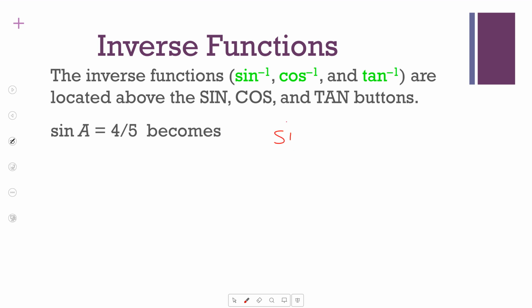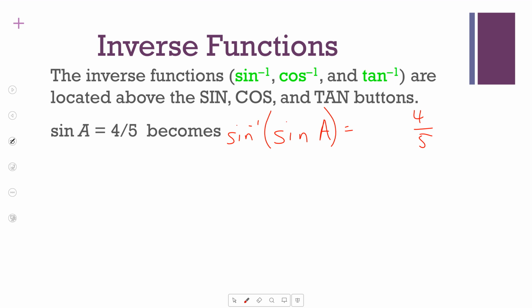Now, starting out, I would probably rewrite it this way and leave some space in there. You'll see why in a second. My goal is to get A by itself. I need to get rid of the sine function. You get rid of the sine function by taking the inverse sine function because they will undo each other. However, basic rule of algebra, whatever you do to one side of the equation, you have to do to the other side of the equation.